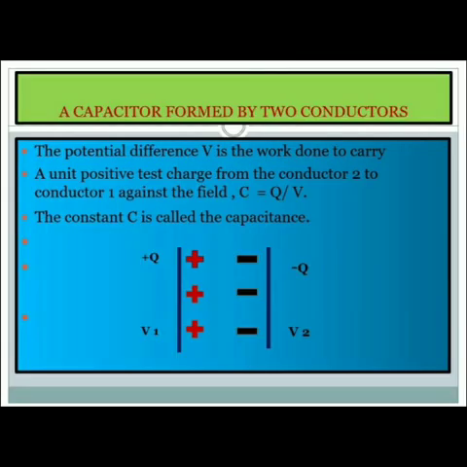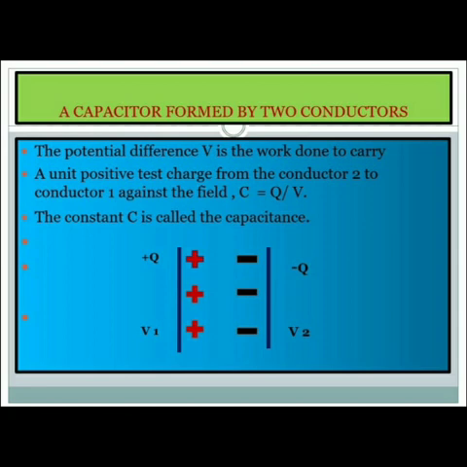Students, let us go through the concept of the capacitor. A capacitor shown here is formed by two conductors. As you could see in the figure, there is one plate showing a positive charge and the other plate showing a negative charge. The potential on the positively charged plate is given by V1 and the potential on the negatively charged plate is given by V2.